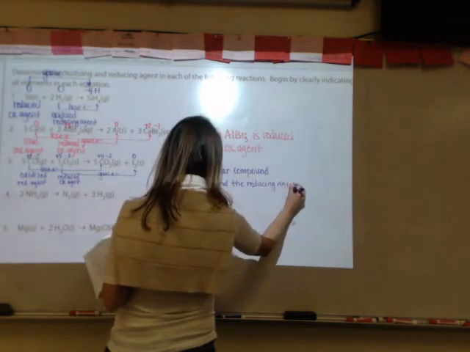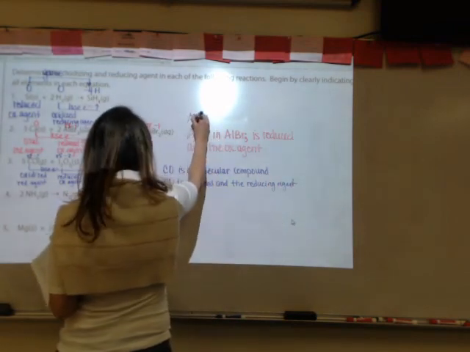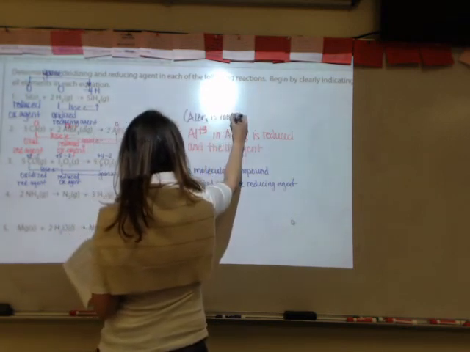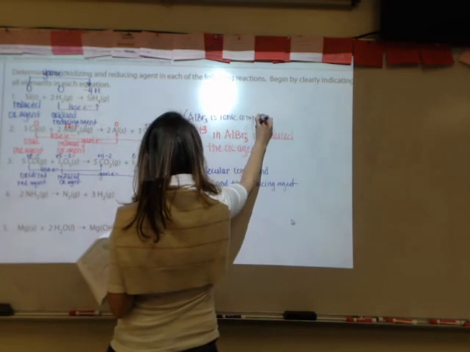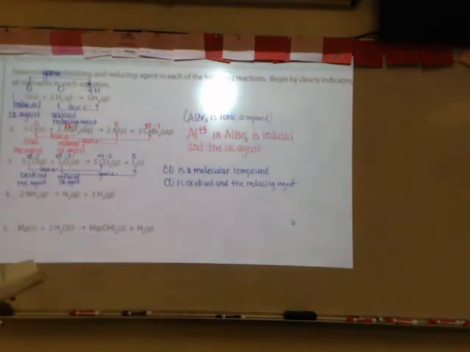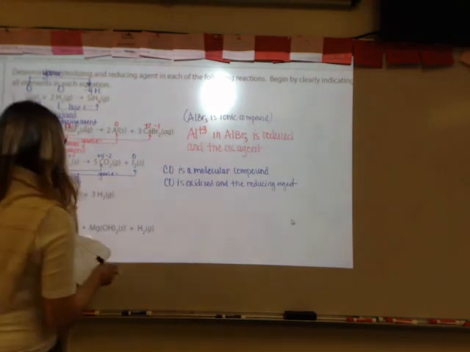That was different from up above because up above, your AlBr3 is an ionic compound. So I was able to remove the ion from it and specify what was reduced, okay?